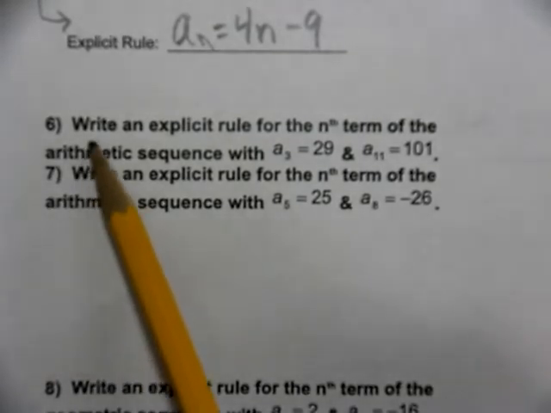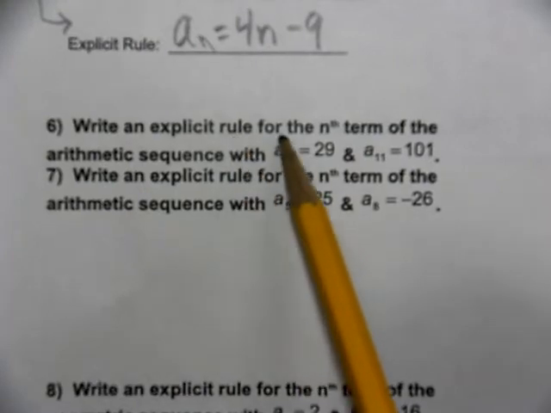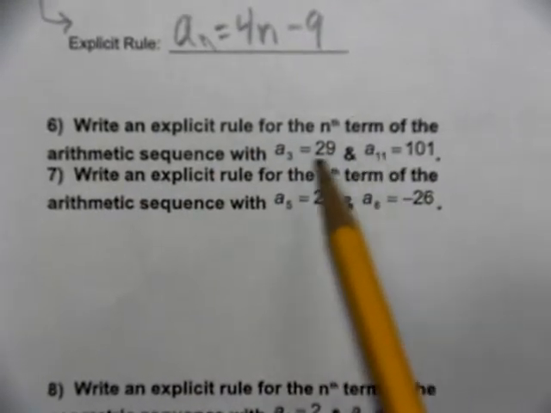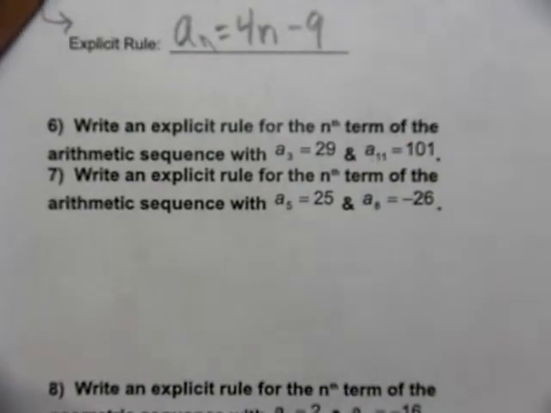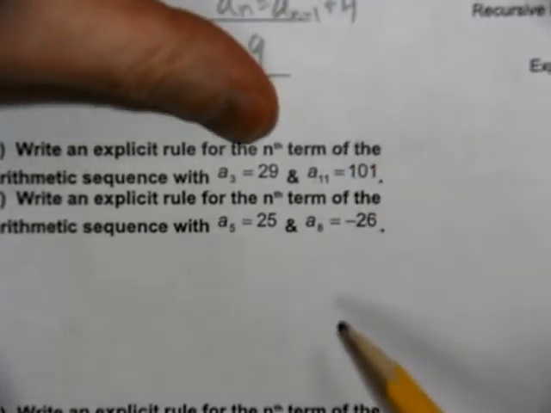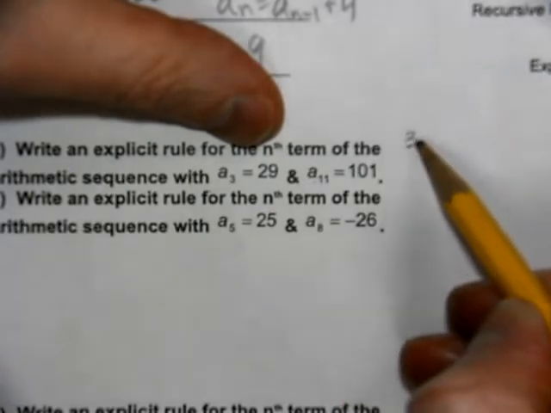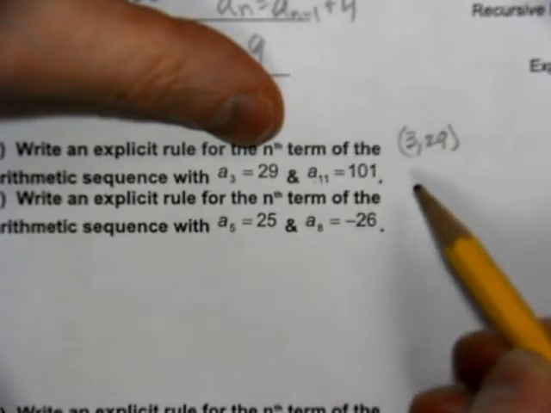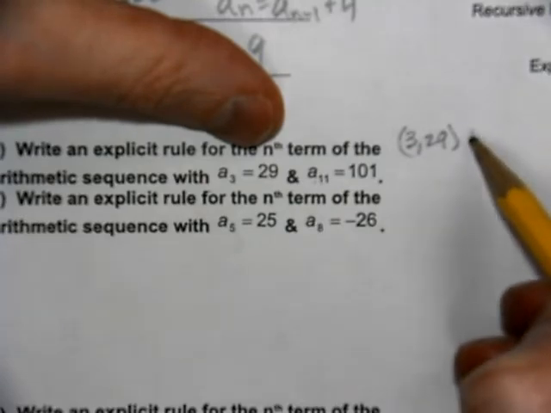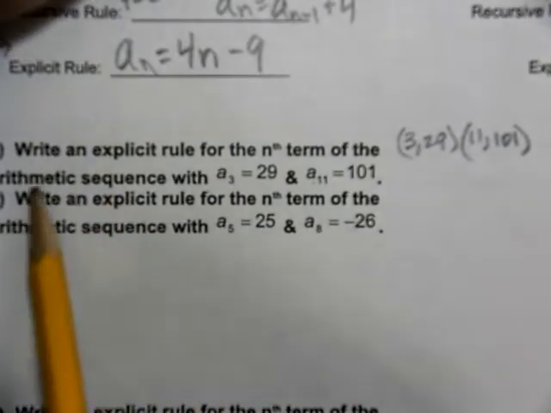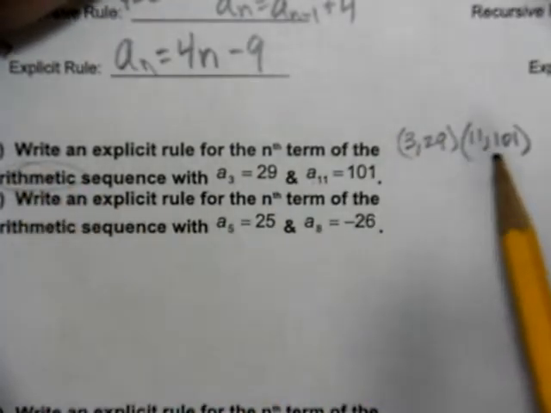Number 6. Write an explicit rule for the nth term of an arithmetic sequence for these situations. Alright, so these are 2 points. So we have the point 3, 29, and we have the point 11, 101. So this is arithmetic, so we need to find a slope.